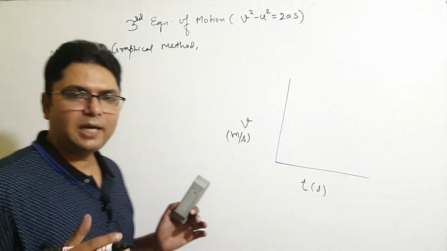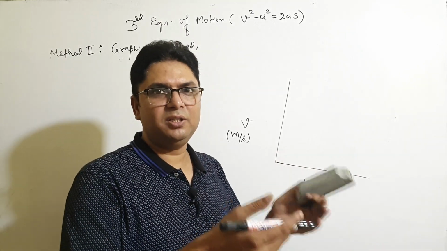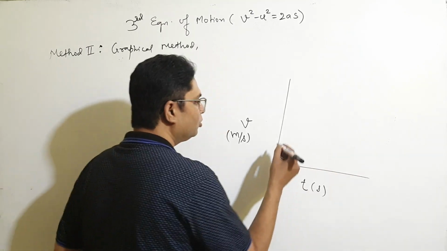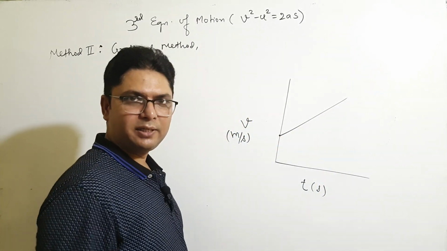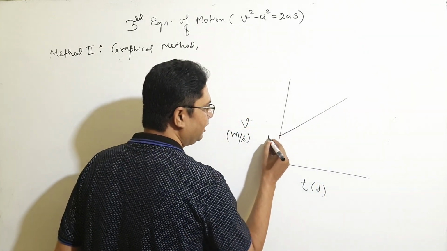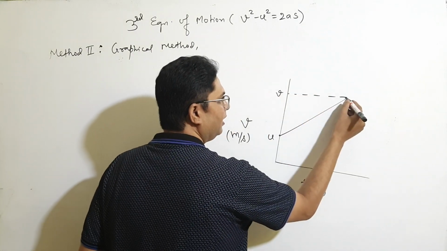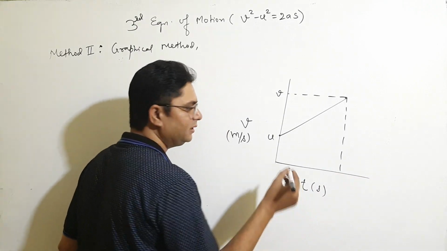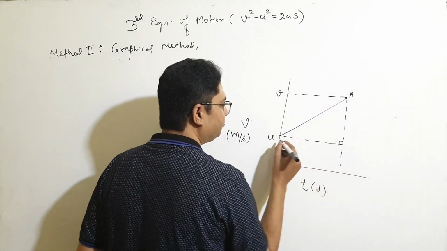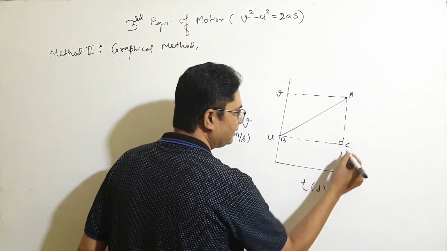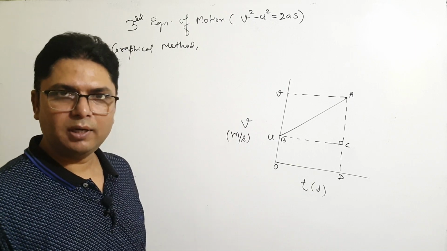Let us have a uniformly accelerated graph having initial velocity u and final velocity v. Let us drop this on the time axis and join it. So you have A, B, C, D, O. This is the naming of the graph.